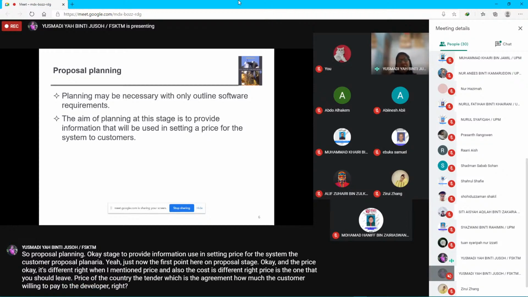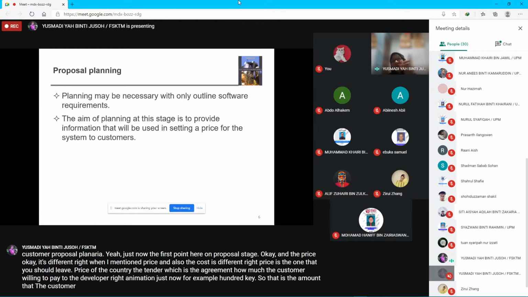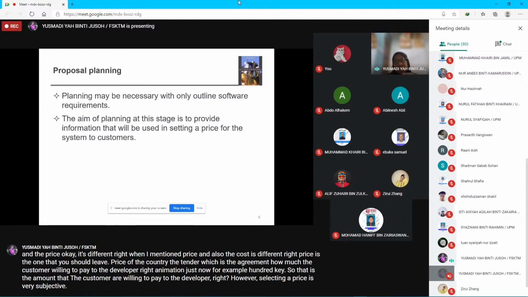I mentioned 100K just now, so that is the amount the customer is willing to pay the developer. However, setting a price is actually very subjective, because it can be high or it can be lower.